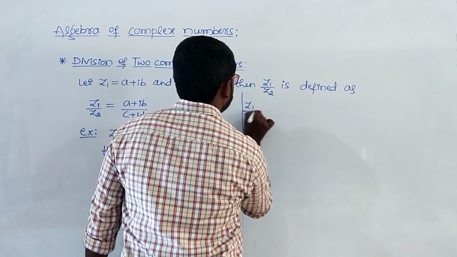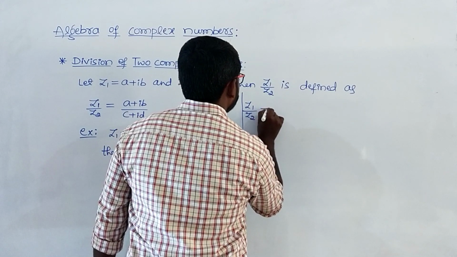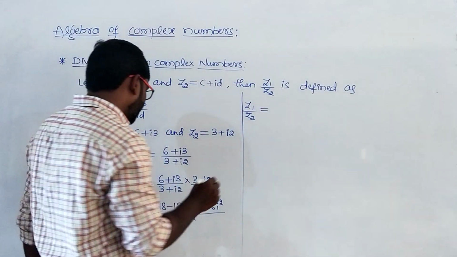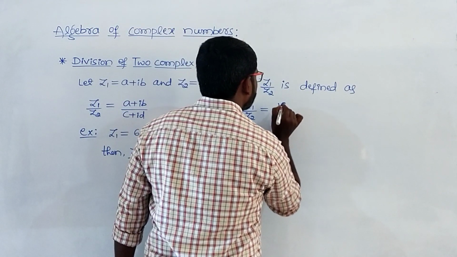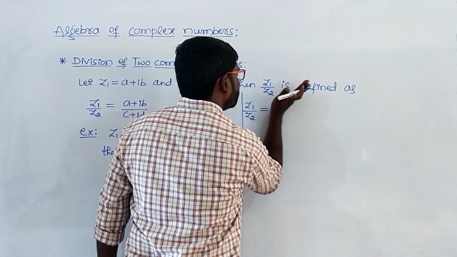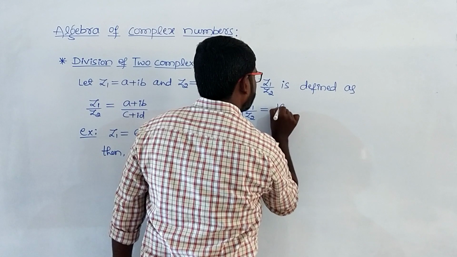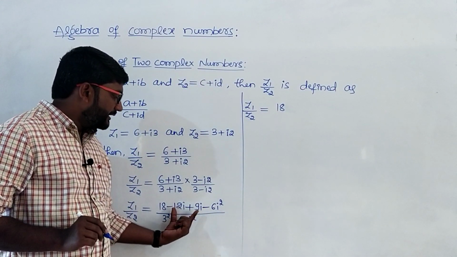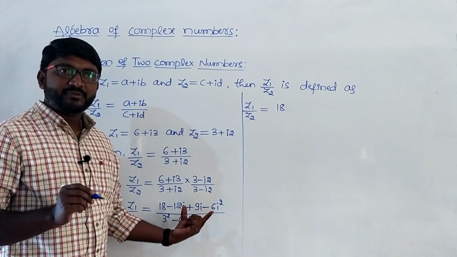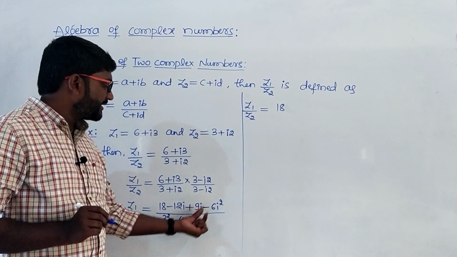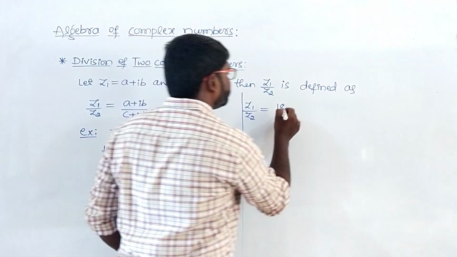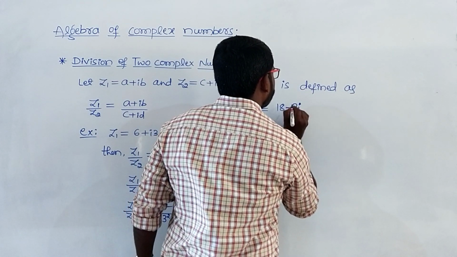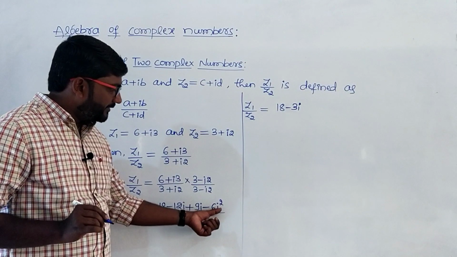z1 by z2 which is equals to, see here, write the numerator now, 18 then minus 12i plus 9i, ಇವೆರಡು ಸಿಮಿಲರ್ ಟರ್ಮ್ಸ್ ಆಗ್ತವೆ, ಸಜಾತಿ ಪದಗಳು ಅಂತ ಹೇಳ್ತೀವಿ. minus 12i plus 9i will be minus 3i. Then here we have the I square.